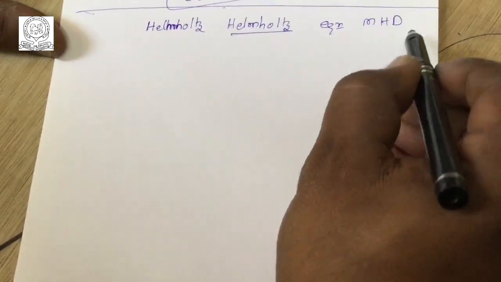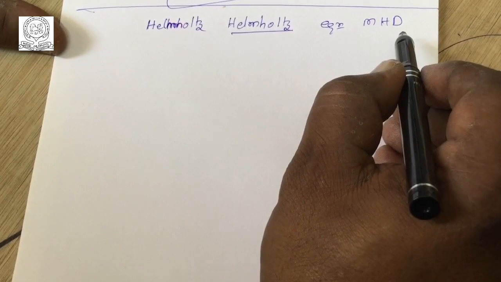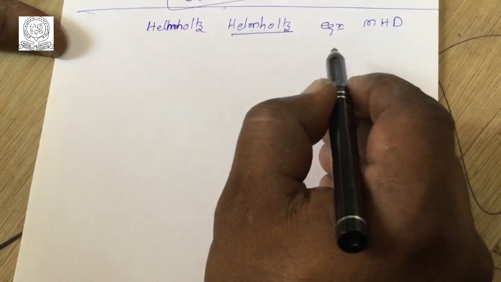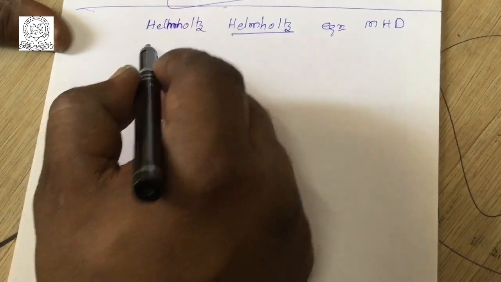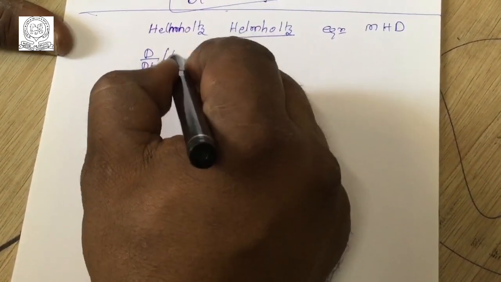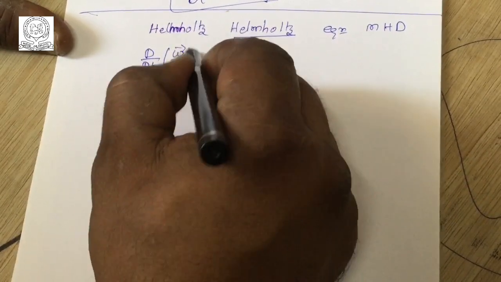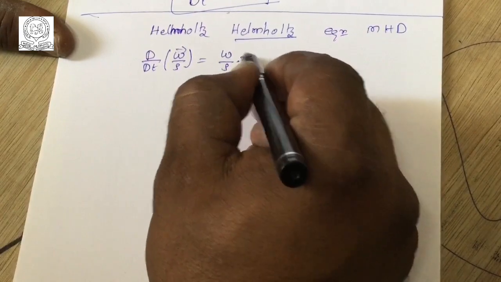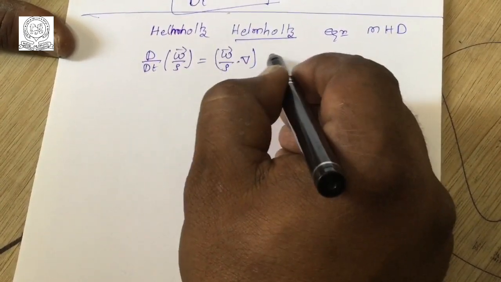Helmholtz equation in fluid mechanics means the Helmholtz vorticity equation, which we proved as d by dt of omega by rho is equal to omega by rho dot del of q. Is it right?